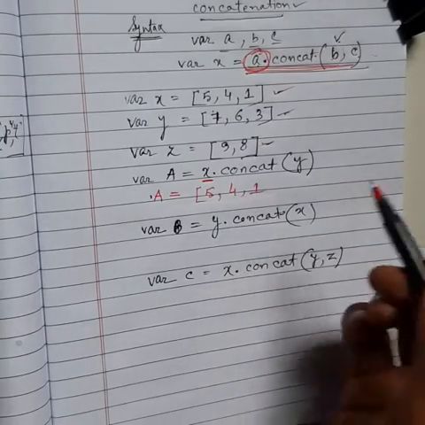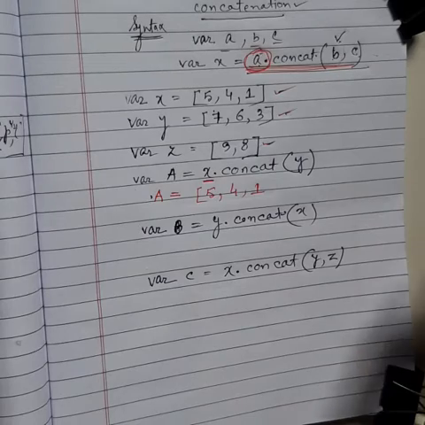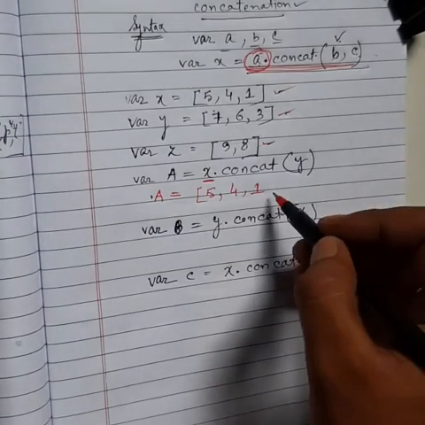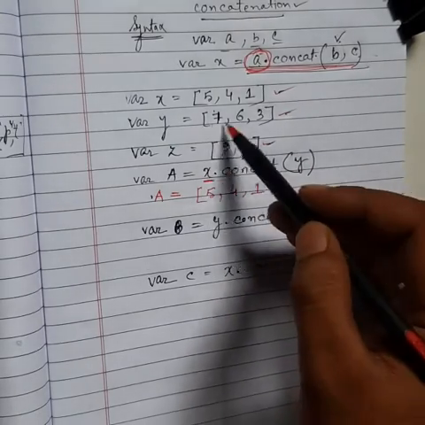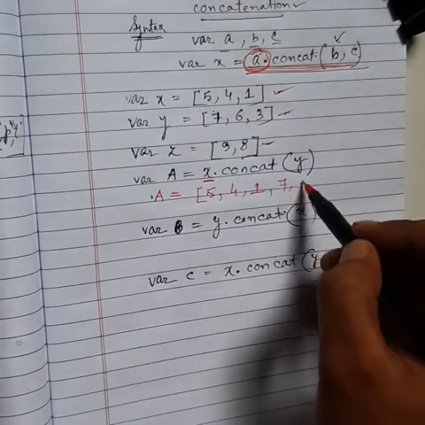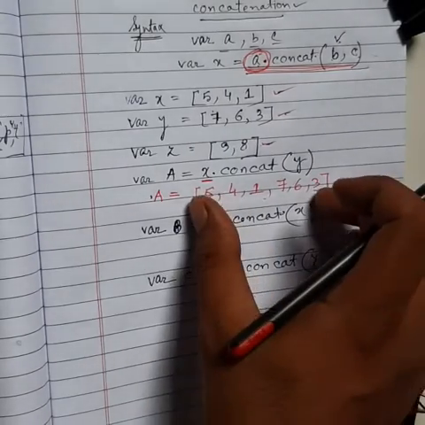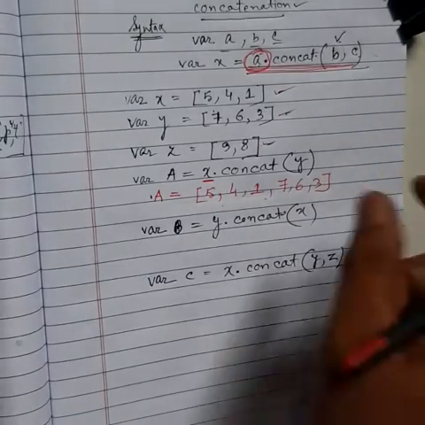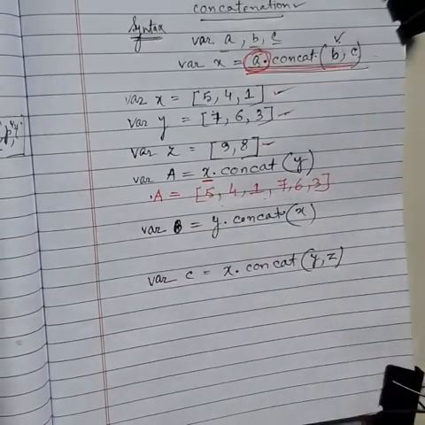And as I told, concat means just to concatenate the elements. So 5 4 1 done. Now next we have to place the elements of y, so elements are 7 6 and 3. So all the elements are merged together, just placed side by side. So this is called a type of merging.